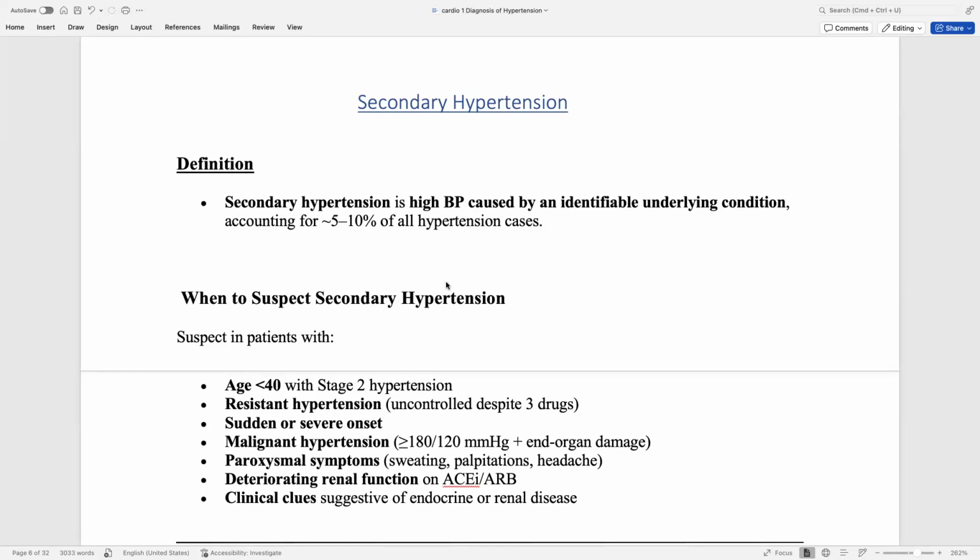There are other scenarios where we will think of secondary hypertension. If the blood pressure is resistant to treatment, difficult to treat, if the patient is uncontrolled with 3 medications, here we will think of secondary. That means there is something in this patient preventing the control.